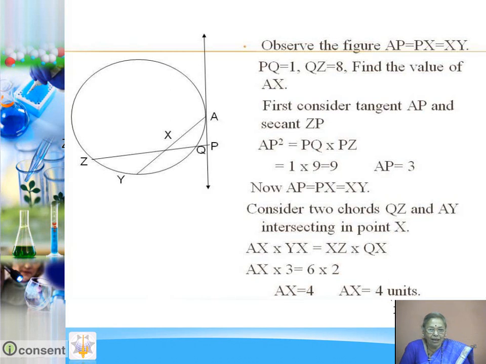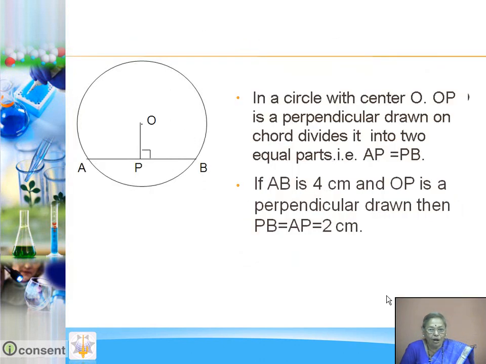Now the proof is given. Please observe that proof and try to understand it. Let us see the property of chord and the center of the circle. Here, the center of the circle is P and the chord is AB. From the center, a perpendicular is drawn to the chord.